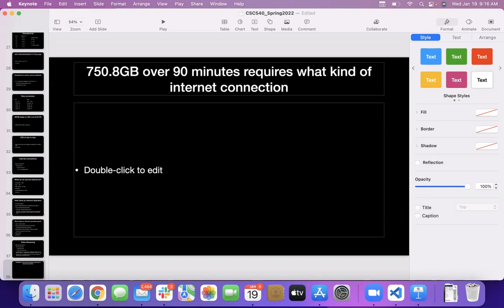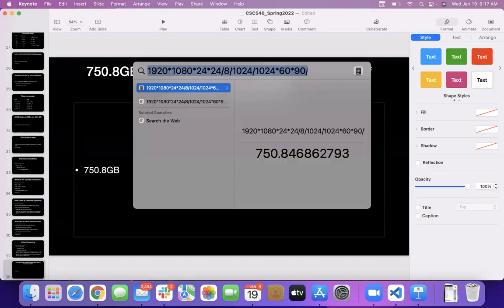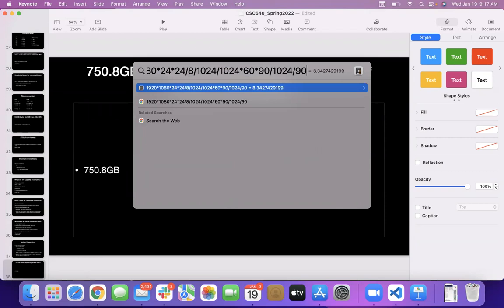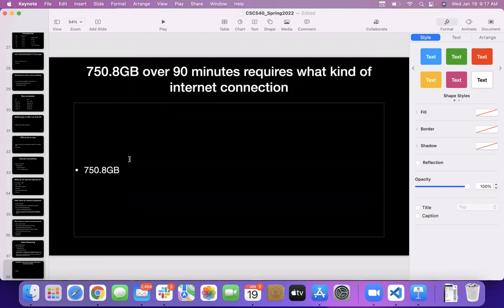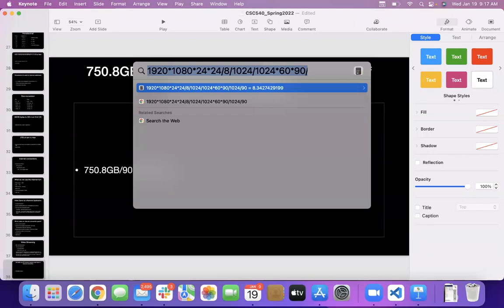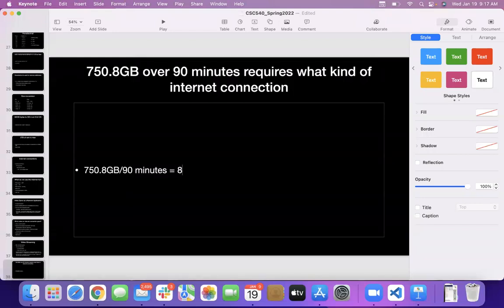So what kind of internet connection does this require over 90 minutes? Well, 750.8 gigabytes. If I divide that by 90, now I'm at 8.34 gigabytes per minute.